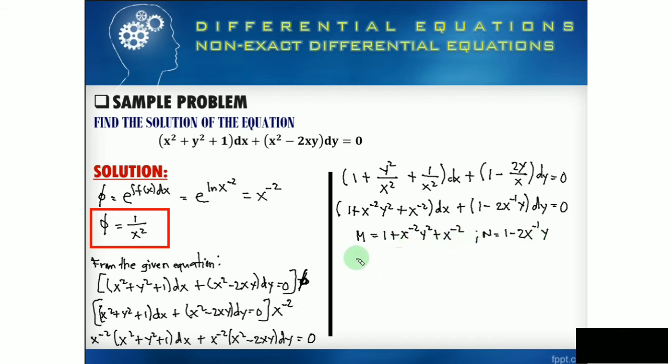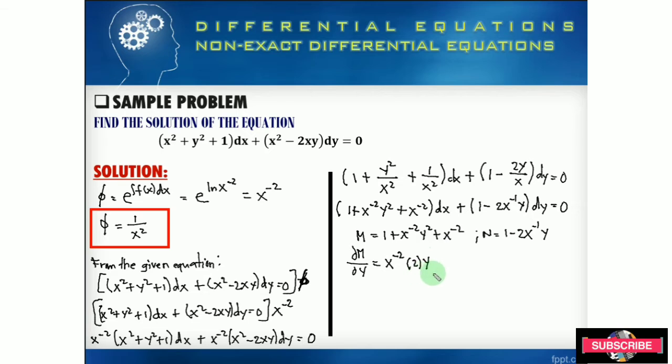So after this we take the partial derivative of m with respect now to y. So take note, y is our variable. In this case, the partial derivative of this term with respect to y is 0. This one, since we have this y, would equal x to the negative 2 times 2y, since 2 minus 1 is 1.